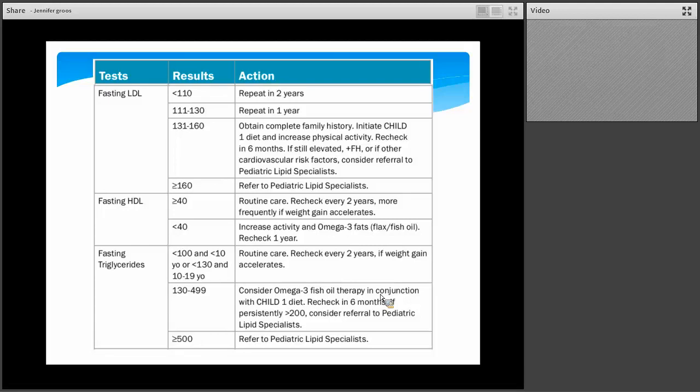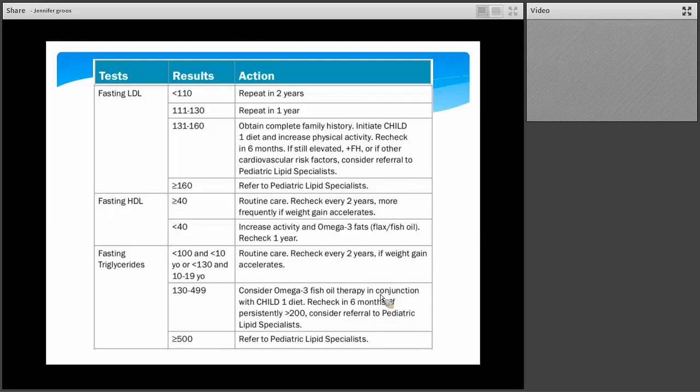And then with the lipid panel, if the fasting LDL is less than 110, we can repeat it every 2 years. If it's in that borderline range between 111 and 130, we repeat it in a year. If it's more elevated, 130 to 160, we recommend further evaluation with a more complete family history, trying to initiate diet changes and increased physical activity, and rechecking probably within 6 months.